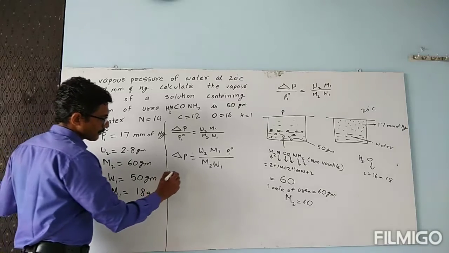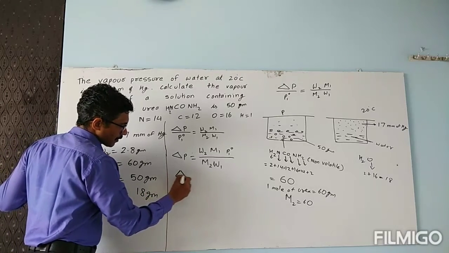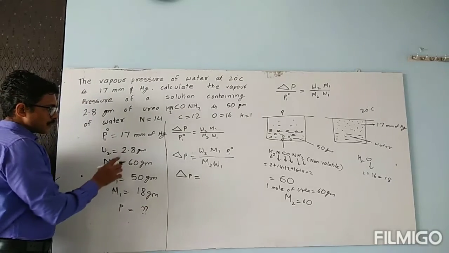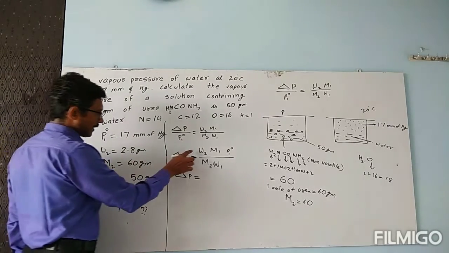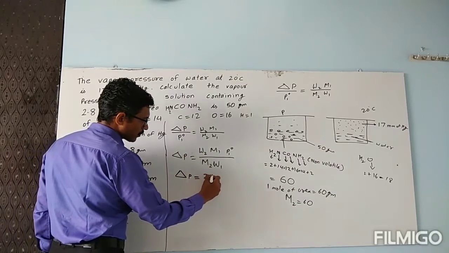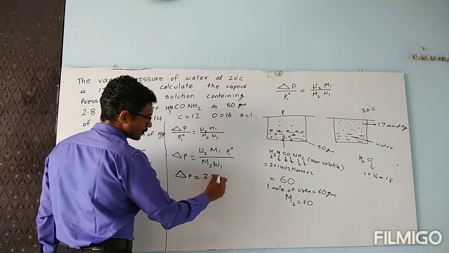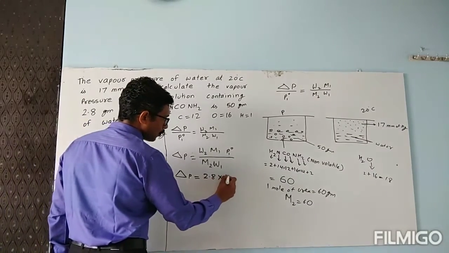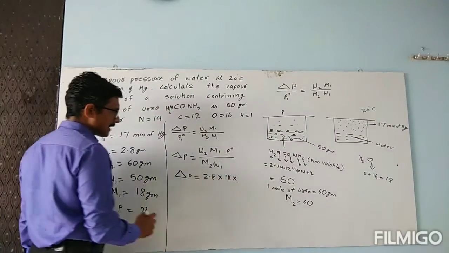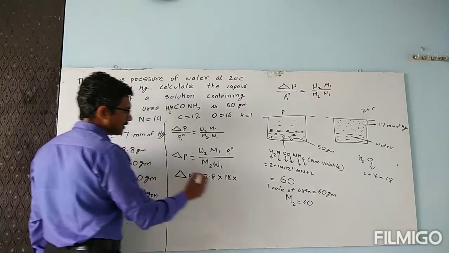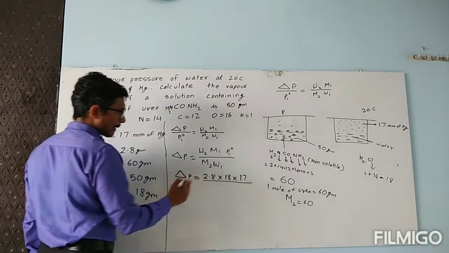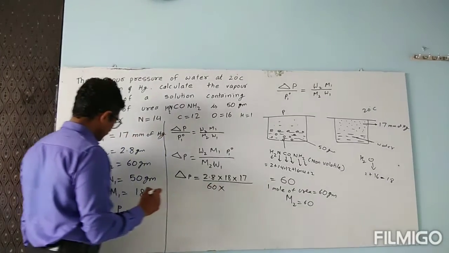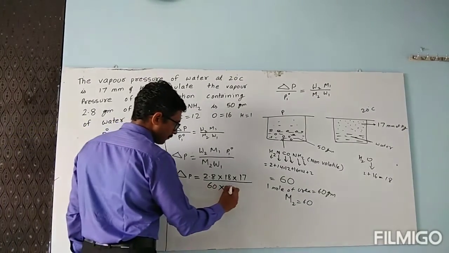Now children, delta P equals, let's put in all the values. 2.8 gram, that is W2, the weight of the solute, into M1, the molar mass of the solvent, into P1 standard, the value of P1 standard given to us as 17, upon M2, 60 gram, and W1, 50 gram.